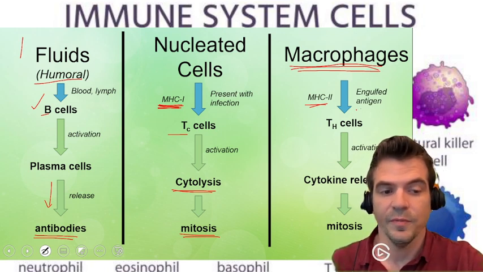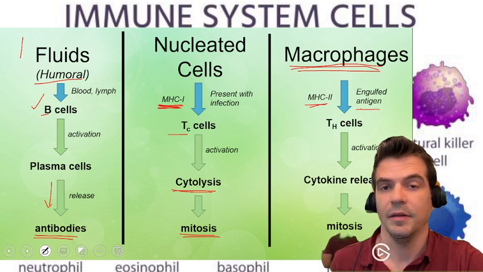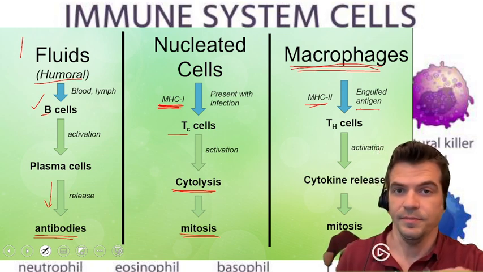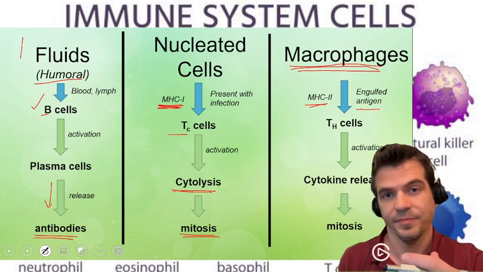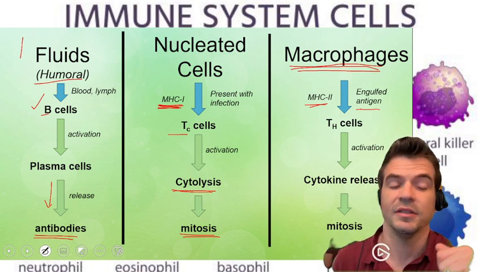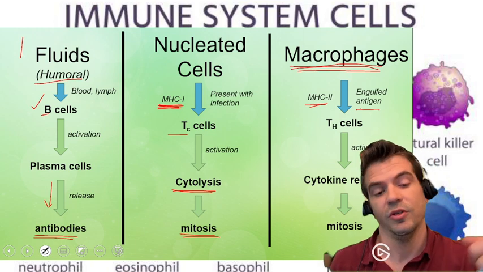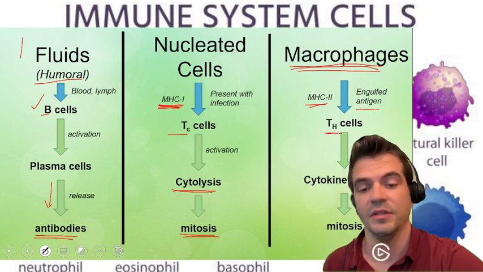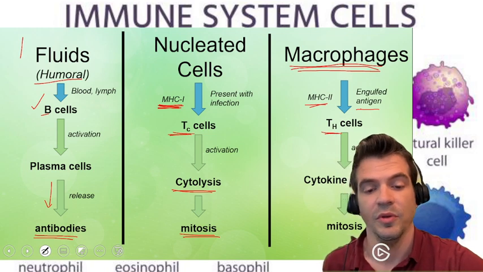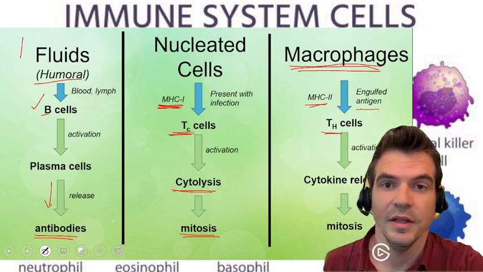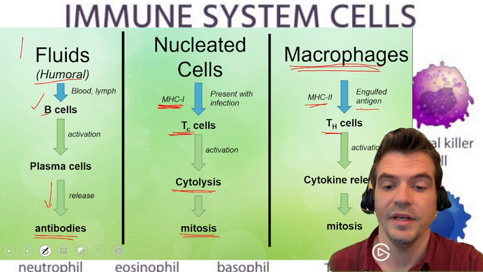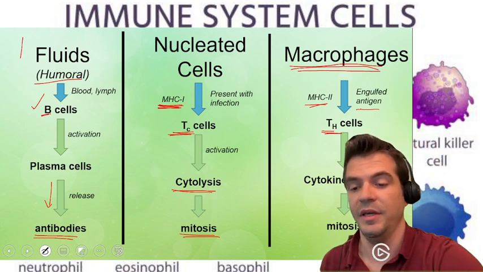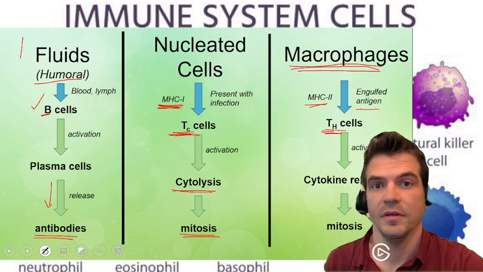They find the pathogen, phagocytize it, engulf it, and then present the signs of this to a helper T cell. Remember, both the cytotoxic and the helper T cells are matured in the thymus. So bone marrow for B, thymus for T.